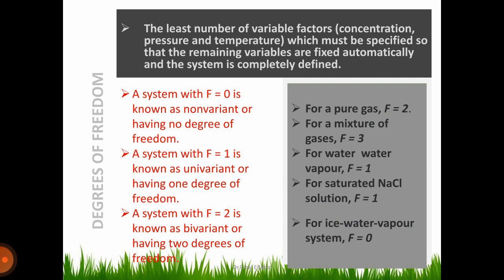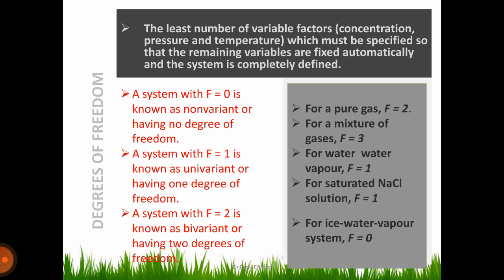Because when you talk about 100 degrees Celsius, you know the vapor pressure of water is equal to the atmospheric pressure. So 100 degrees Celsius, 1 atmosphere; if you know 1 atmosphere, it is 100 degrees Celsius. So 1 is enough. For saturated solution of NaCl, you take what amount of substance is dissolved, the solubility.